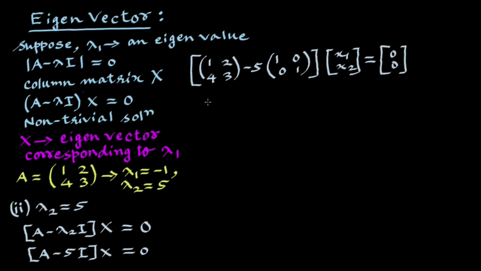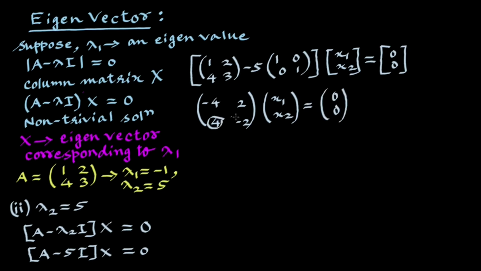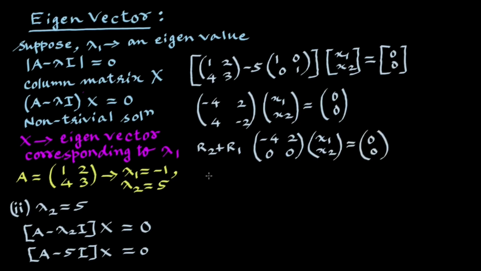This will be matrix 1 minus 5, minus 4, 2, 4, 3 minus 5, minus 2, rest remaining the same. To make these two elements 0, we will perform R2 plus R1, second row 0, minus 4, 2, first row. Rest is the same. We get minus 4x1 plus 2x2 equals 0.